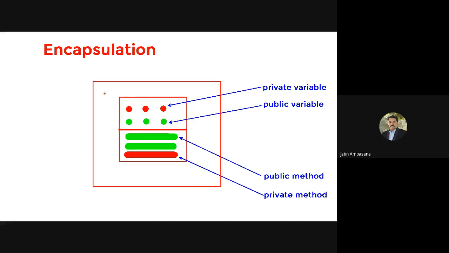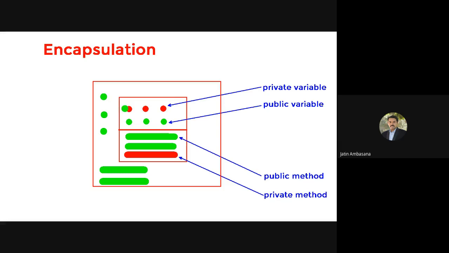Let's suppose that this outer rectangle represents the scope which can be accessed by outside people. So in that scope, which variables will come and which methods will come? Tell me. In that scope, obviously the public variables will come. Okay, and public methods will come. Okay, public variables and public methods will come in that scope.